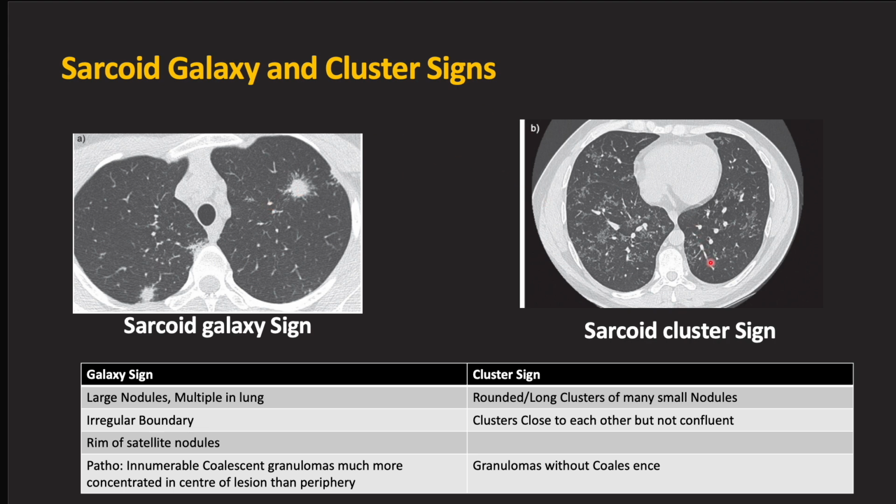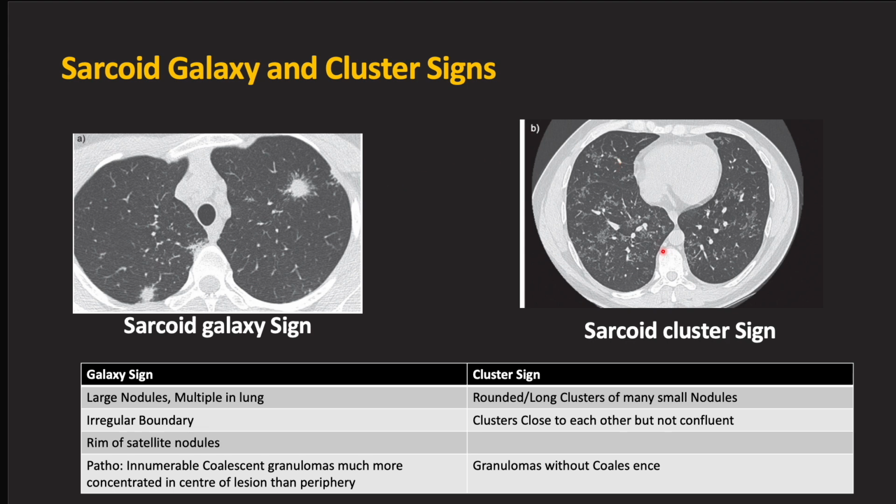In contrast, we can also see the sarcoid cluster sign, and in sarcoid cluster sign you may have these rounded long clusters of many nodules. But have they coalesced together? They have not. They are not confluent. There are many nodules which are together, so they are looking like small clusters. So these are granulomas, but they don't have any coalescence.